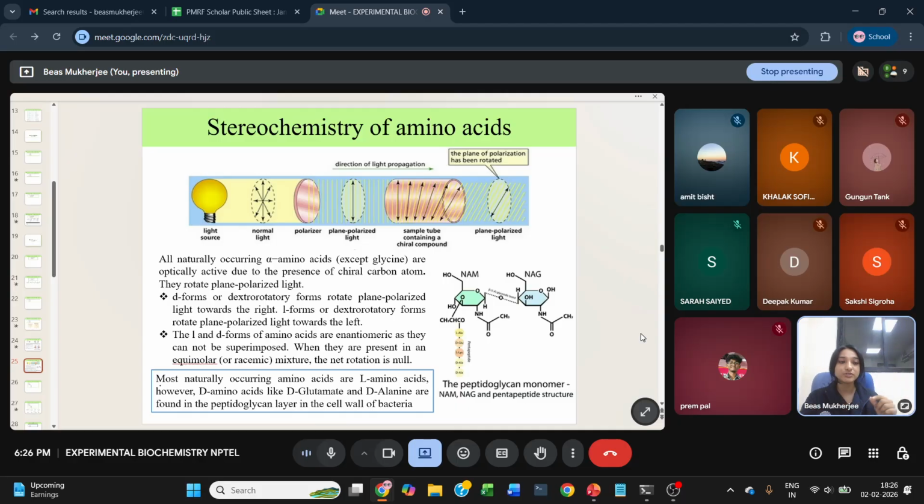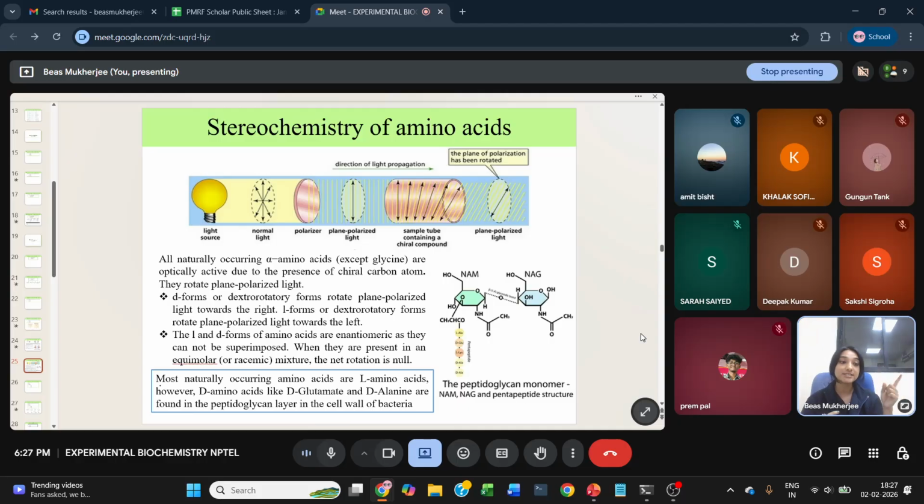If you see the figure, normal light has vectors vibrating along all directions. As it passes through the polarizer, it becomes plane polarized light. And when you pass that through a sample containing amino acids that are optically active, they shift this light towards a different plane, so the plane of polarization of the light gets rotated. All naturally occurring alpha amino acids except glycine.